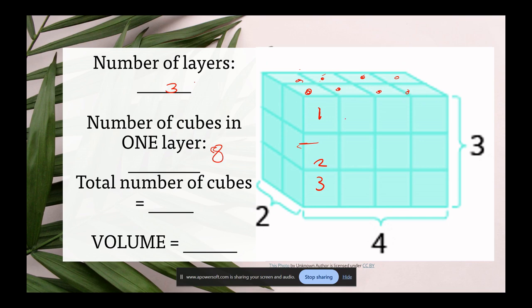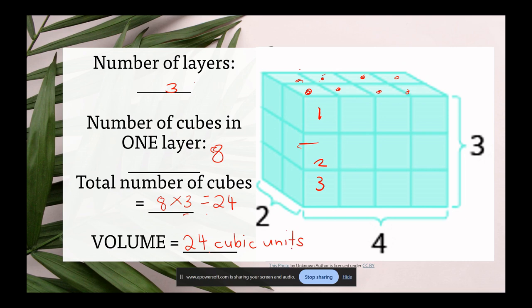So how many cubes do I have all together in this rectangular prism? I will say, what is 8 times 3? And 8 times 3 gives me 24. So when I look at these cubic units, this rectangular prism takes 24 cubes. So my volume will be 24 cubic units.